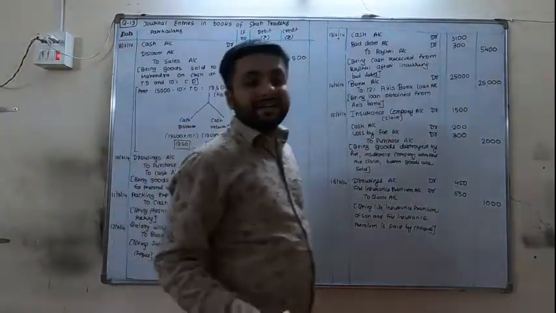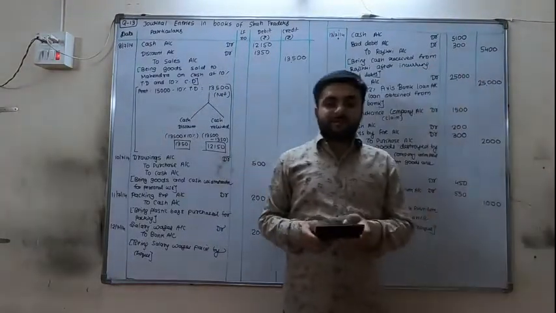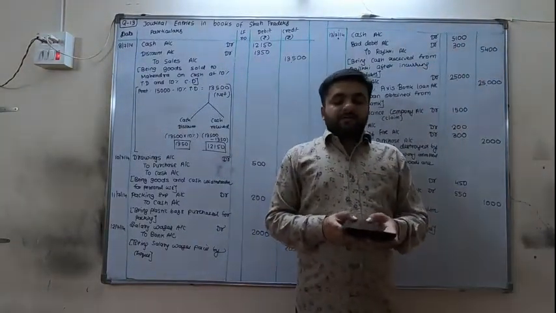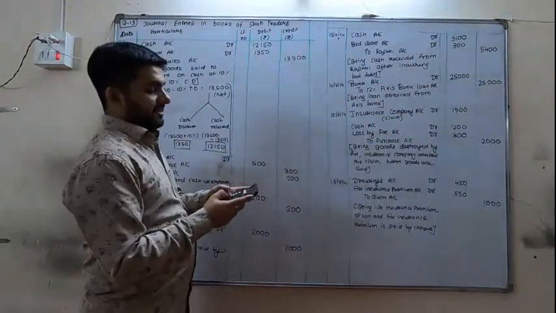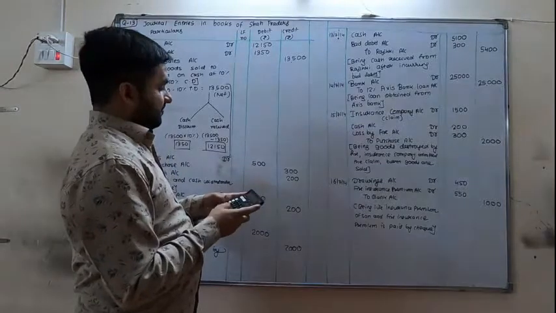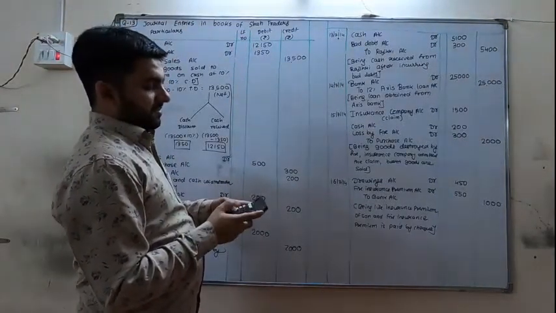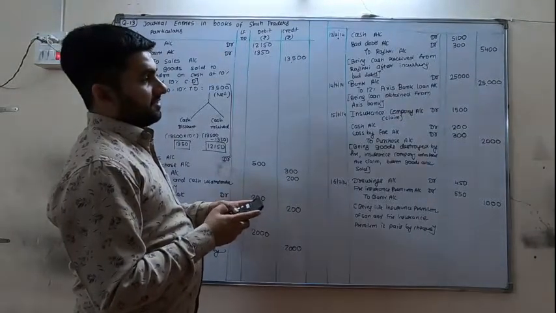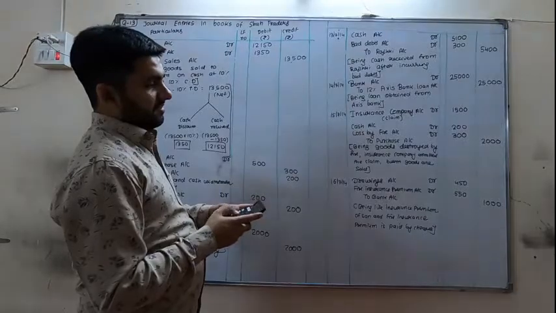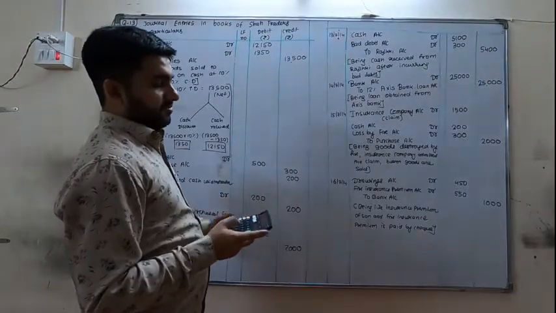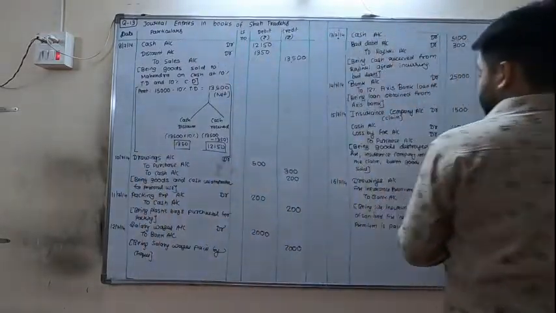So friends, again the board is full. Now again I will take the total and then write in my book because we have a limitation of space. Previously it was 1,46,900. Now after that I am doing 12,150, 1350, 500, 200, 2,000, 5,100, 300, 25,000, 1,500, 200, 300, 450, 550. So it is 1,96,500.